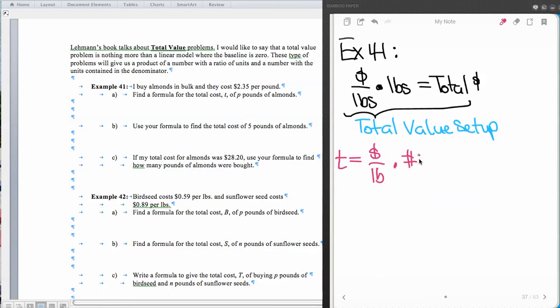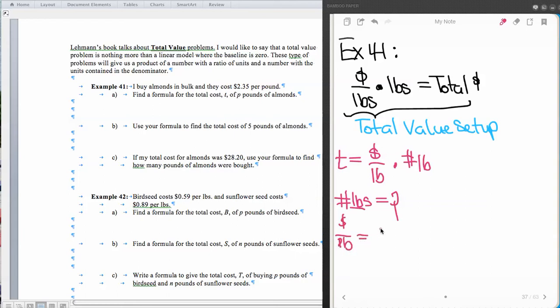And that number of pounds is going to be our independent variable, the thing that we'll put into this. So number of pounds, that's going to be the P. So now that we have all the pieces that will go into this, then we can go ahead and set the problem up.